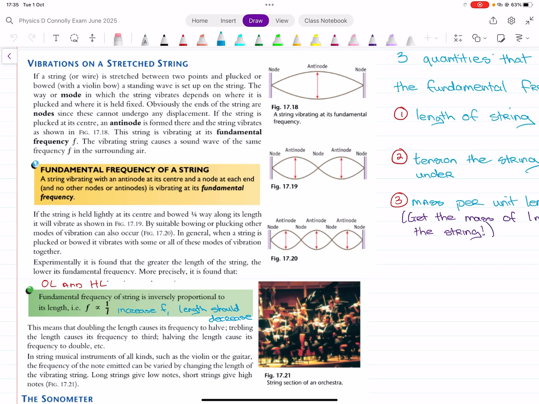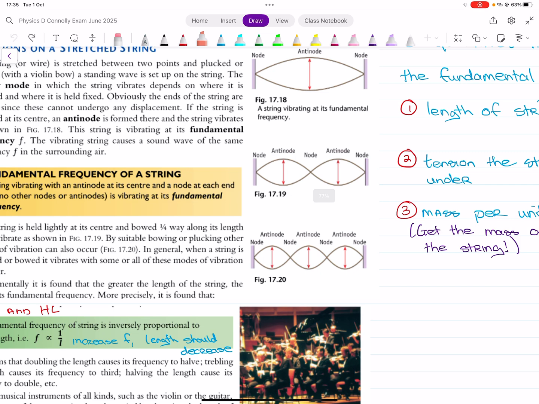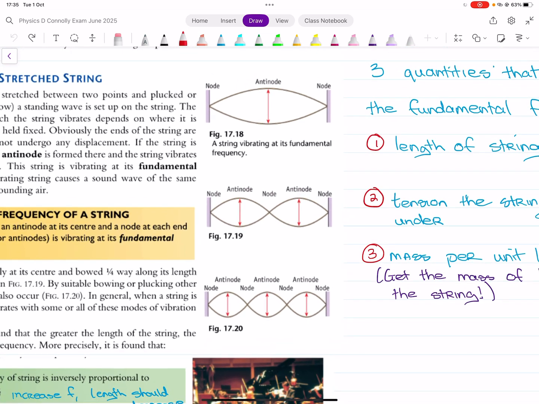So this one at the top here is the fundamental frequency. The next one then, oh yeah, do you remember this with the naming thing? So this is the fundamental frequency, or it can be called the first harmonic.